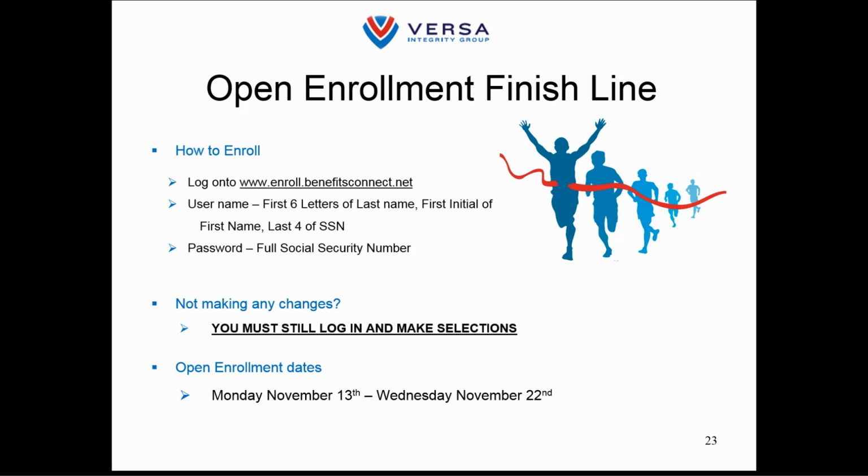Your username is going to be your first 6 letters of your last name, followed by the first initial of your first name, followed by the last 4 digits of your Social Security number. Your password will be your full Social Security number. Even if you're not making any changes, you must go into Benefits Connect and make selections. And remember, open enrollment is from Monday, November 13th through Wednesday, November 22nd.